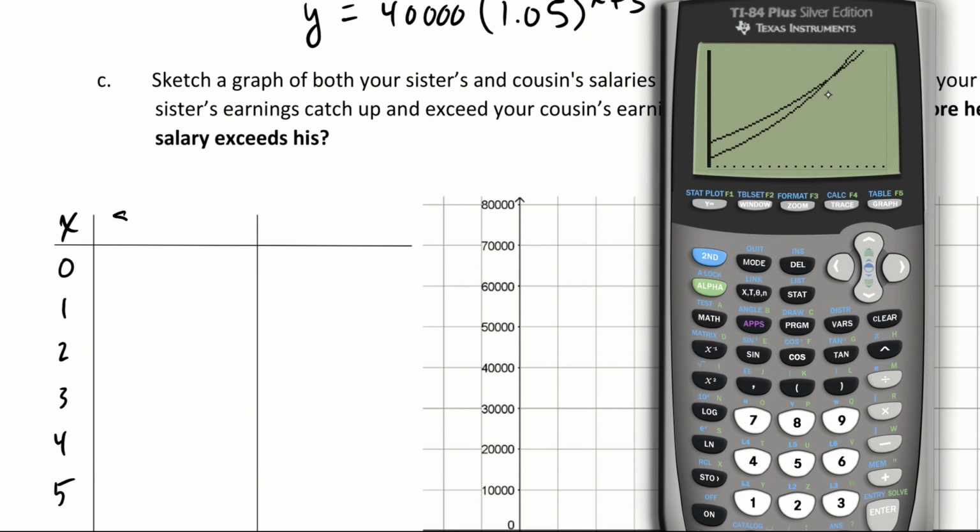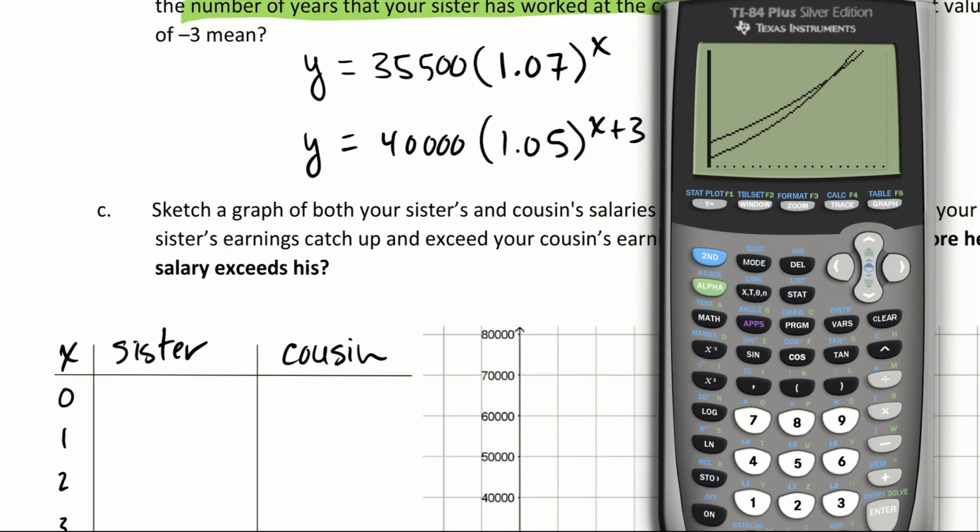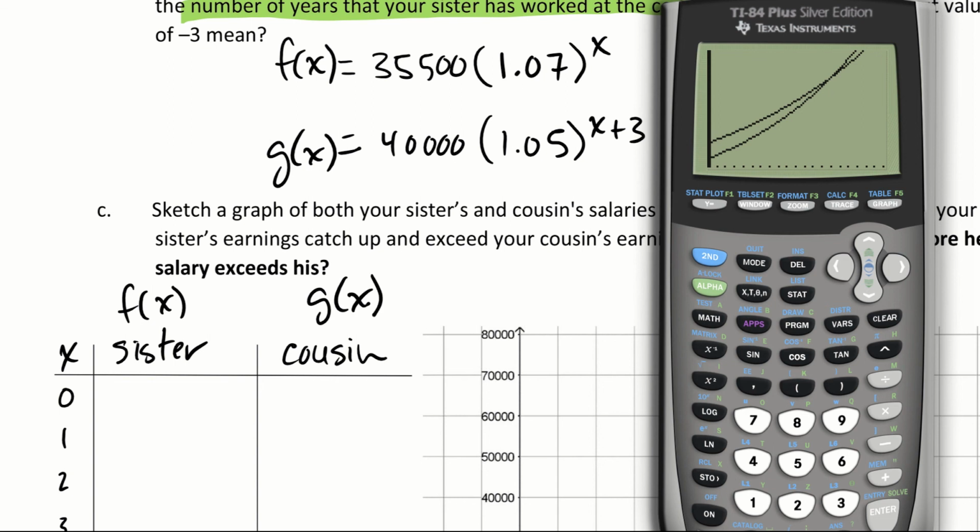And we'll go ahead and put sister here, and we'll put the cousin here. And I'm going to give these functions better names. I'm going to say that the sister's function is f of x, and then I'll call the cousin's function g of x. So this is just for me to keep track of them.